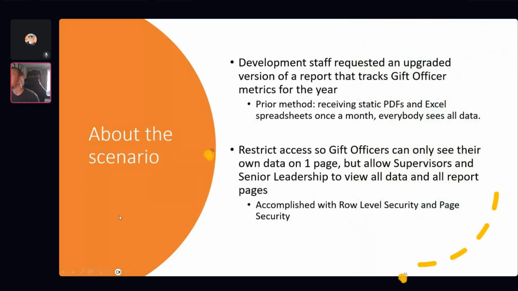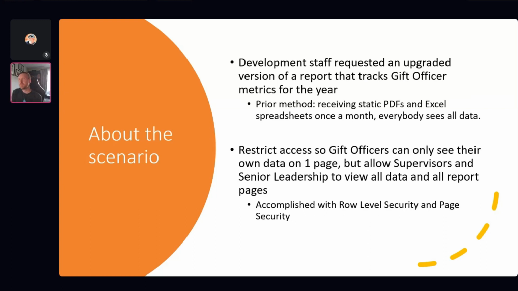So let's dive into the business scenario that we set out to solve. Towards the end of last year, some folks in our development staff requested that we think about upgrading how we are sharing our metrics with our gift officers. Gift officer, we call them development directors.